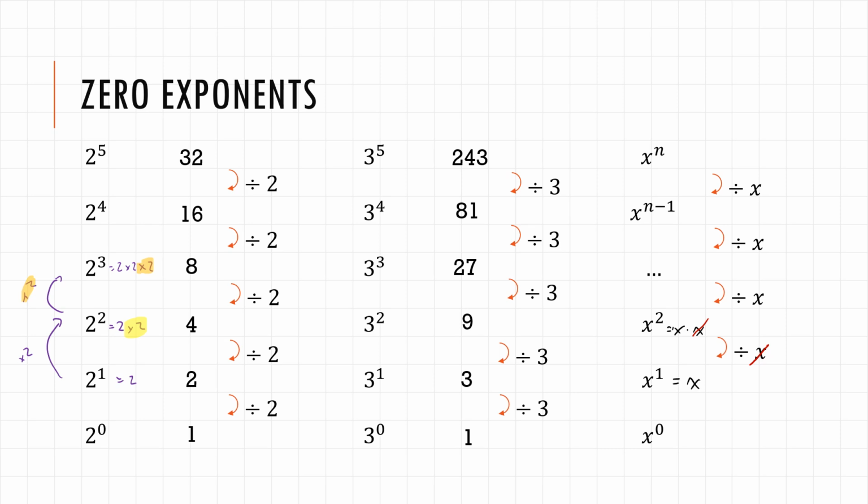Just a single x. And if I divide that by x, well, what's going to happen when I have some number divided by itself? That will always equal 1. So I think in this way, I've shown that no matter what the base is, if the exponent is 0, it's always going to be equal to 1. The power is always going to equal 1.